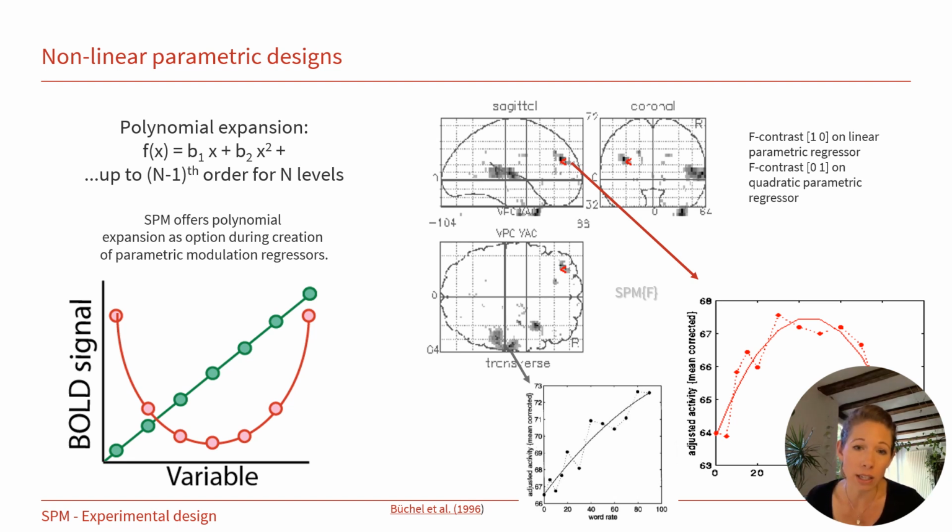And you can see in the auditory cortex, as before, there's a linear relationship with increasing word rate, while when they were modeling a quadratic relationship, they found an effect in the prefrontal cortex. This effect would not be detected if you would not test explicitly for these higher order polynomial terms.